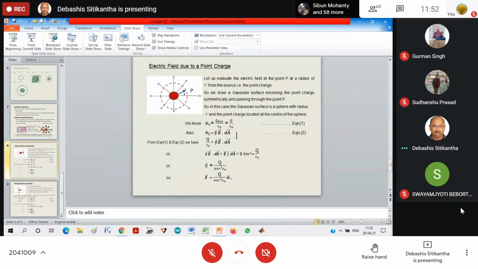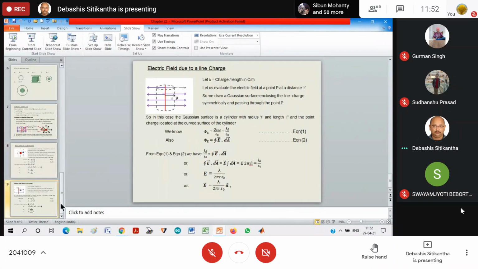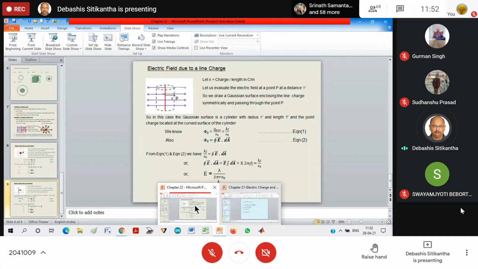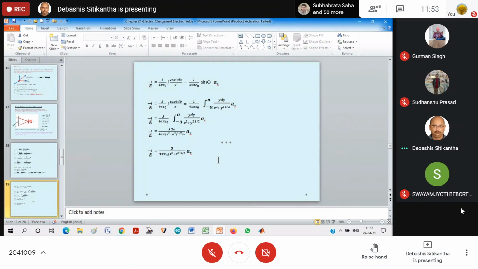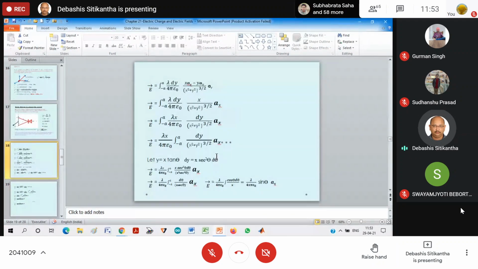Just see this slide. Electric field due to a line charge. It is only taking 2 steps to solve it. Now just make a comparison and see for yourself. Previously you required so many calculations.